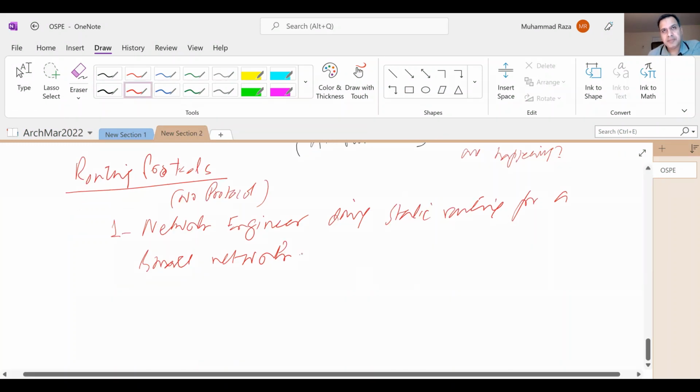So the forwarding decision would be based on me. It means this human is creating routing info and telling how to forward a packet.